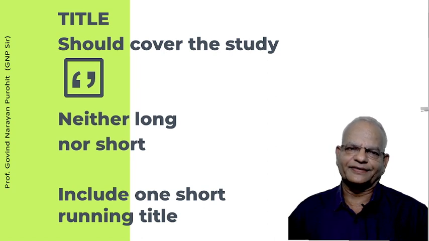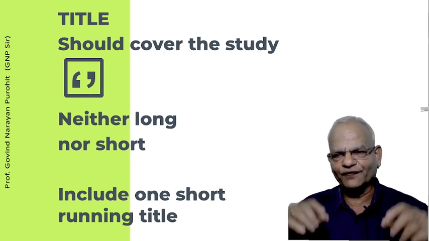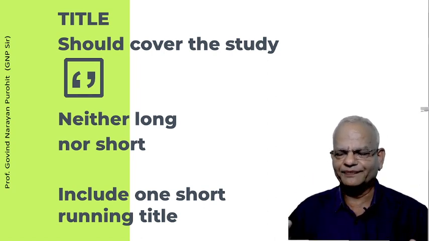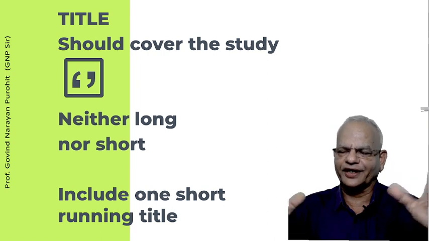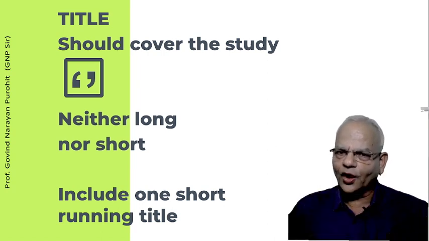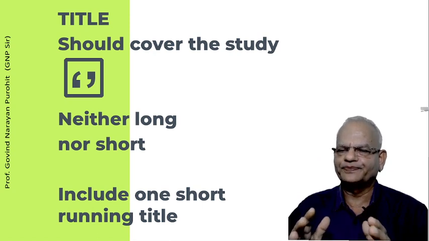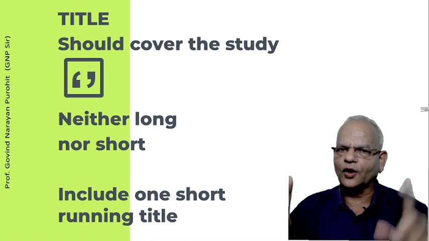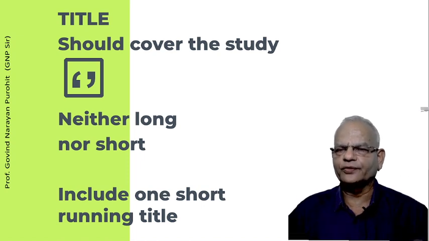Now, how to write a paper? First of all, you need a title for your paper. The title should cover the study which you have mentioned below, and it should be neither too long nor too short. And some journals require a running title also, so you have to include a running title.